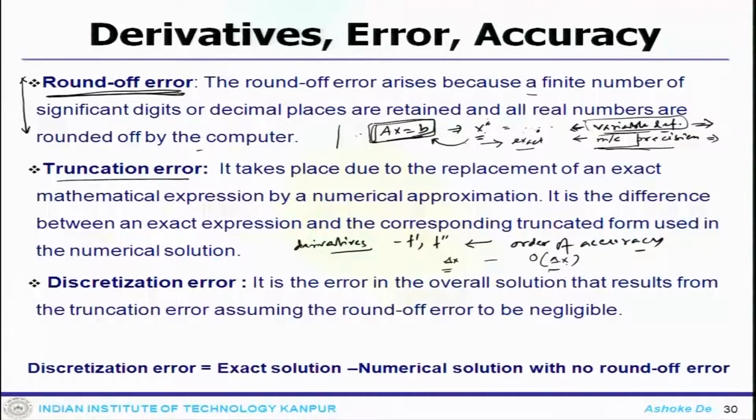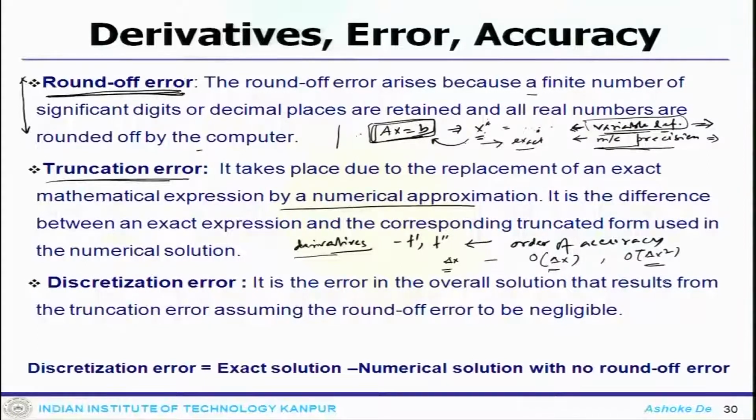At the same time, if you use a central scheme, your order of accuracy is delta x square, so this would be less. So, the truncation error comes from how you have approximated your derivatives, that means the numerical approximation, and what kind of higher order terms you have truncated off.